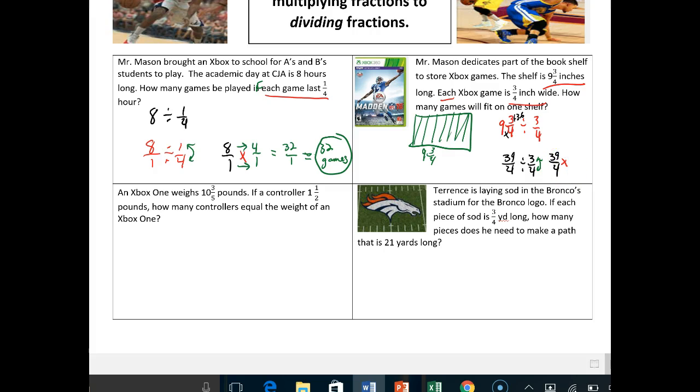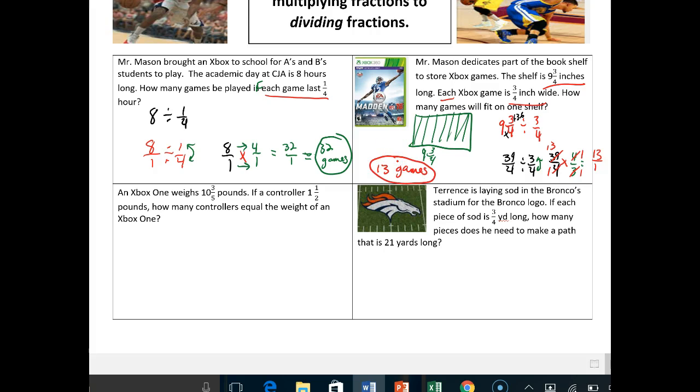And now I flip this to 4/3. So now we can cross cancel, right? We have 4 and 4, they become 1. And 39 and 3, I can actually divide by 3. So that becomes a 1, and this becomes a 13. So 13 times 1 is 13. 1 times 1 is 1. So I could fit 13 games onto that bookcase.